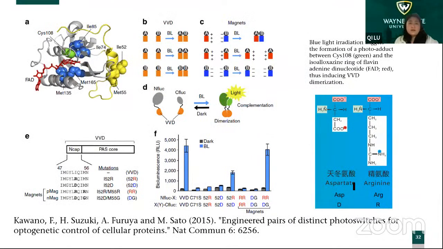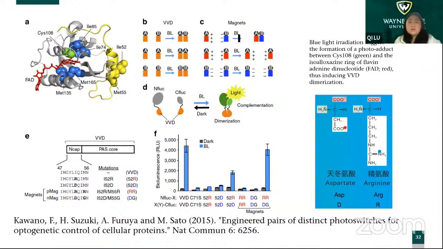Here is the magnet system that I was talking about previously. This is still a LOV domain, and it can form a dimer after shedding with the blue light.